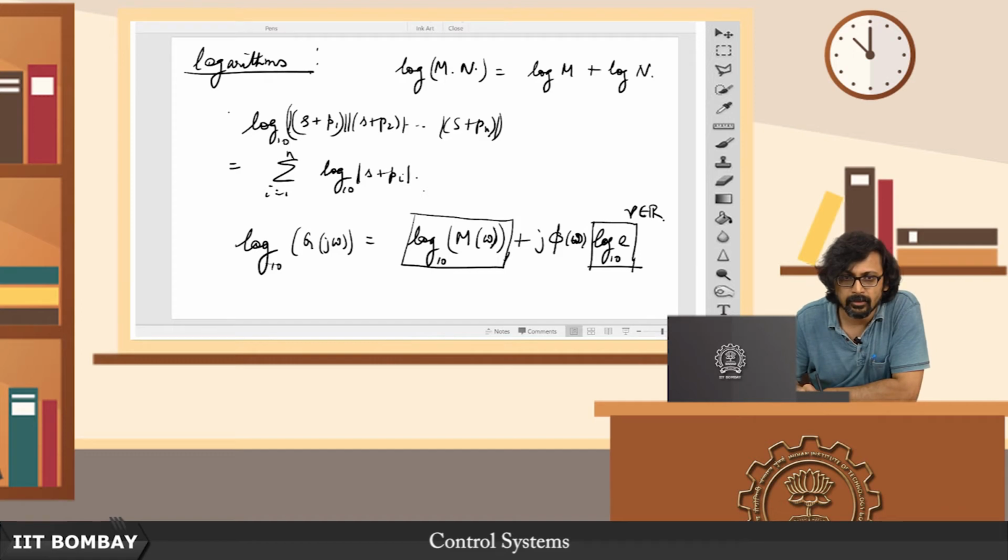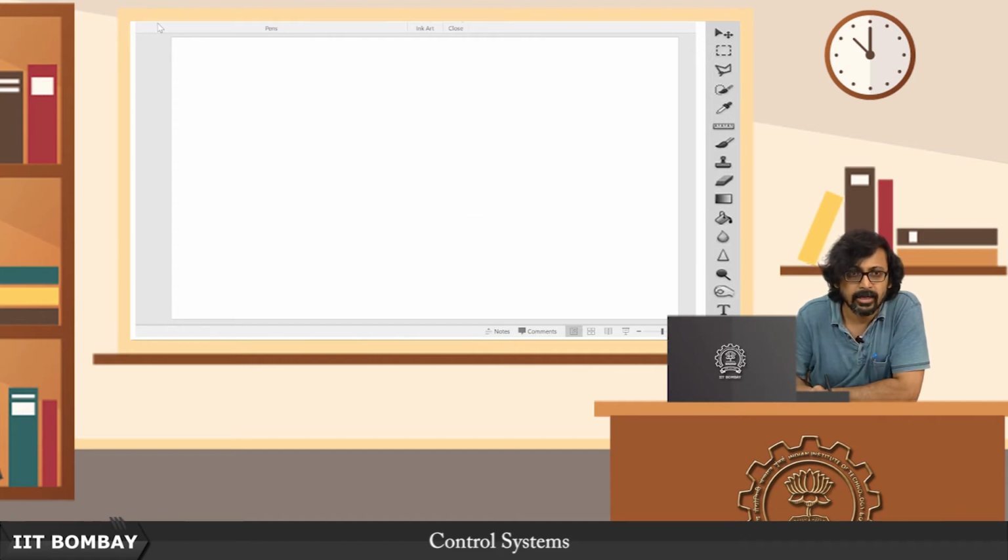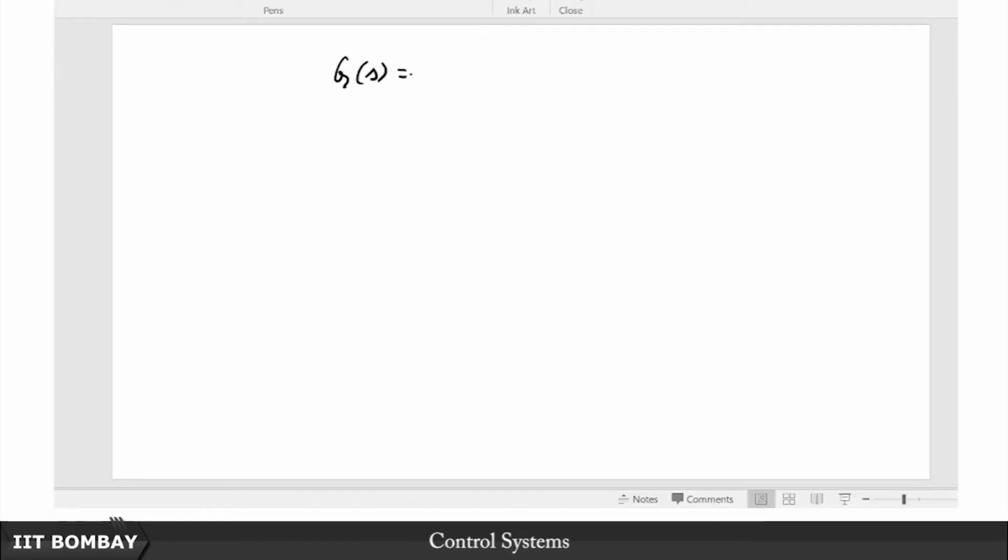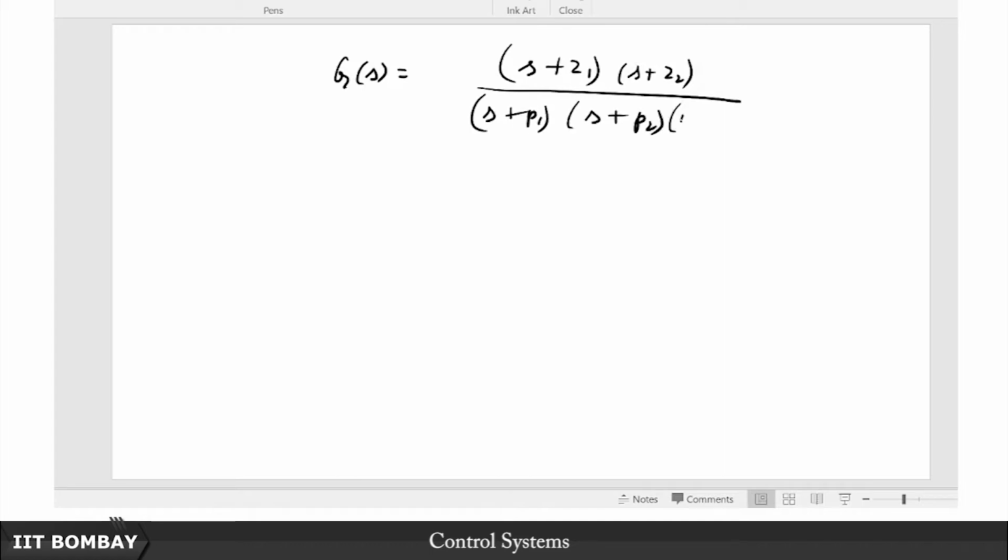Now let us look at this particular example once again, this particular kind of a complex variable. Suppose you have a transfer function given by s plus z1 into s plus z2 divided by s plus p1 times s plus p2 times s plus p3. Now you substitute this at j omega, so g of j omega, and you take its log.